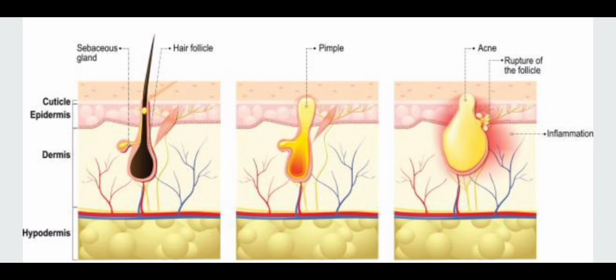The most common pathological problem in adolescents relating to the sebaceous gland is acne vulgaris. In this case, the gland gets inflamed due to the hormonal influence or imbalance.